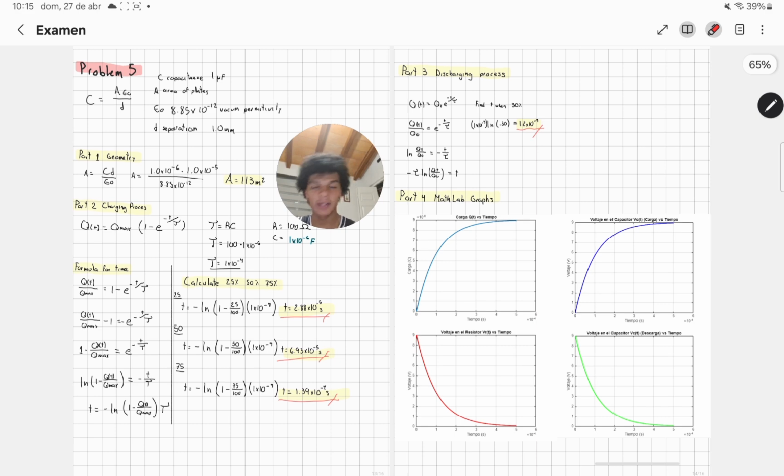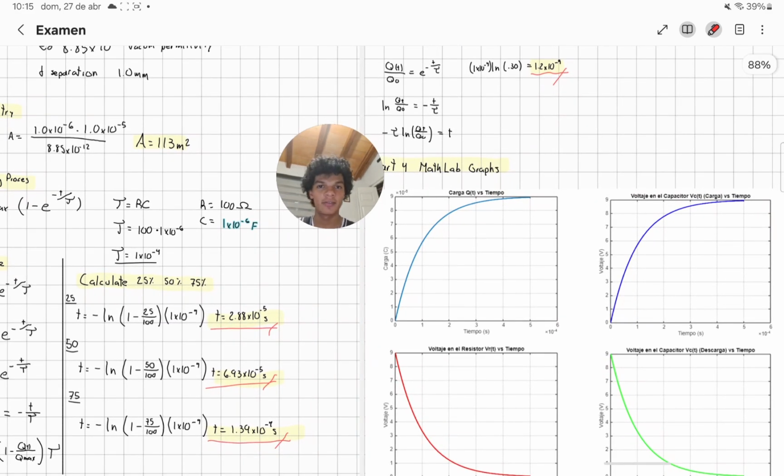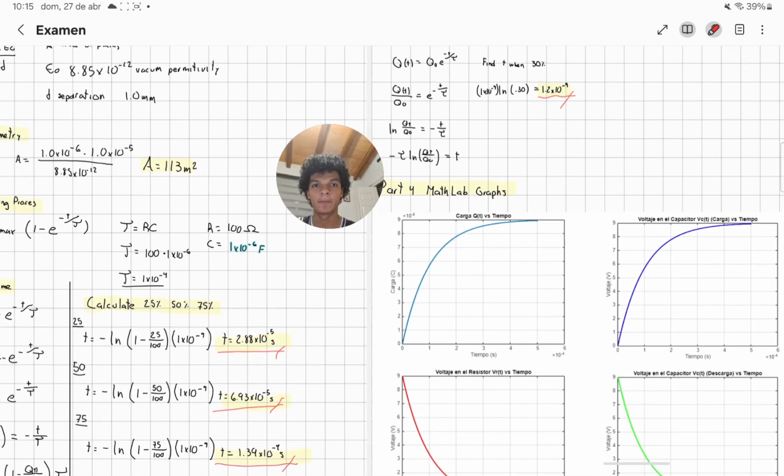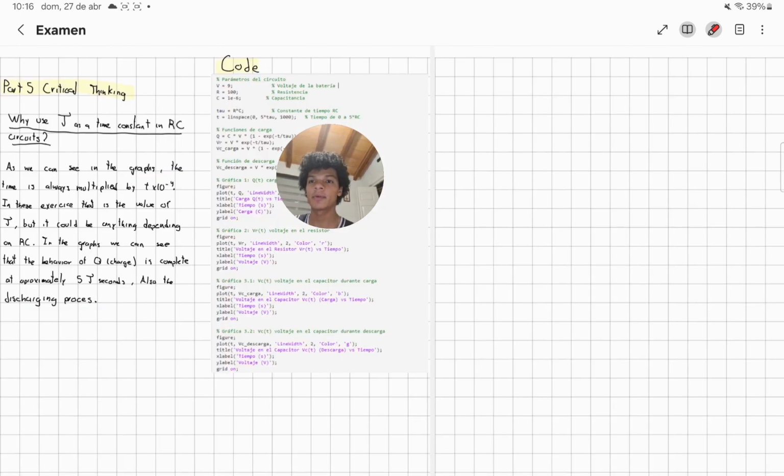As we can see, these are exponential graphs. In part 5, they ask us why to use tau as a constant of time in RC circuits.